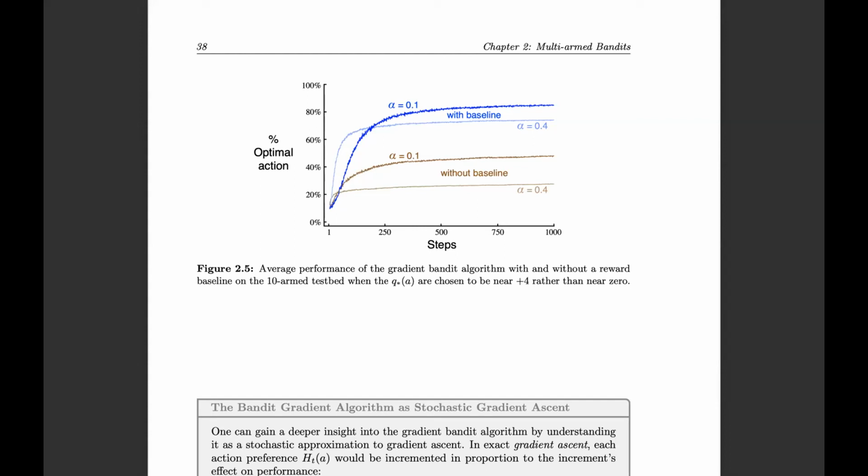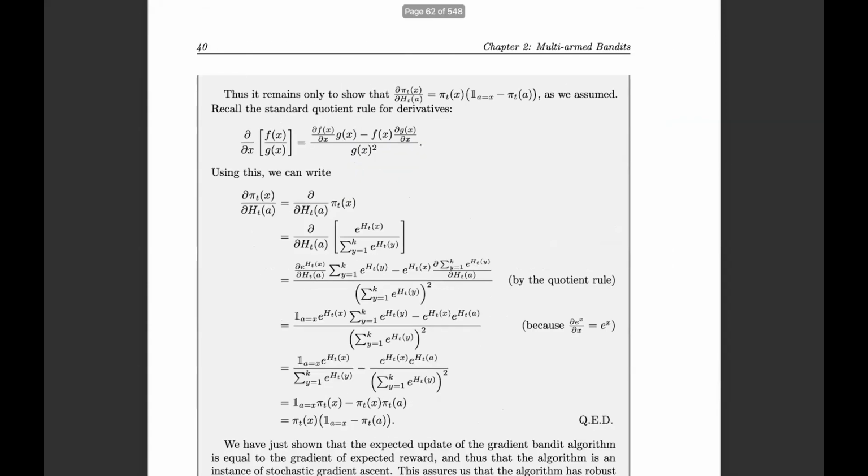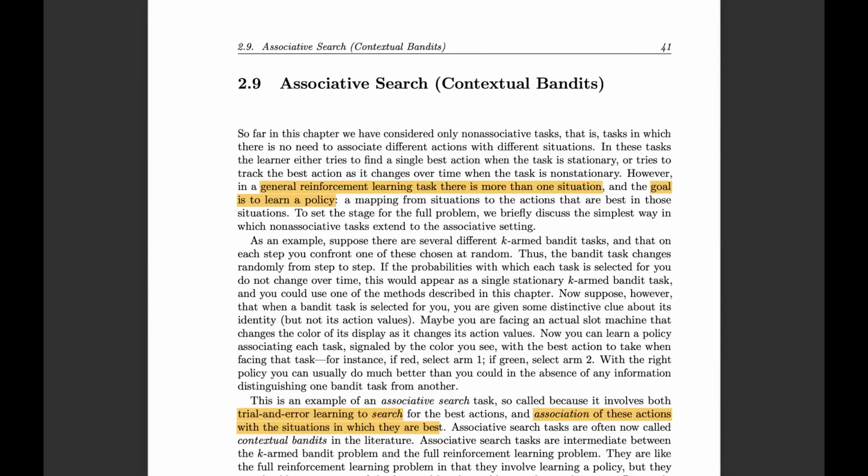Okay, then after the bandit gradient algorithm, the last one is associative search, that is contextual bandits. So until now, the task we were talking about is a non-associative task. That is, there's no need to think when you are selecting something; the past selections won't affect the present one, or there's no context dependence.